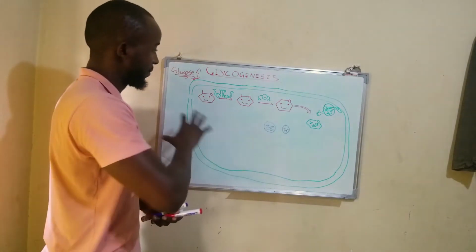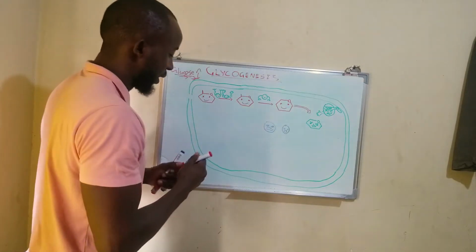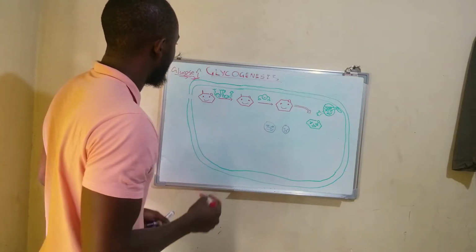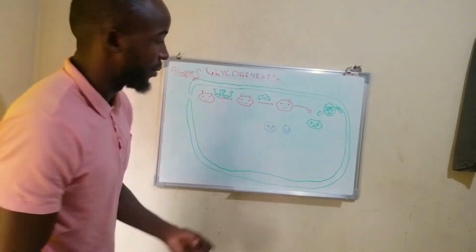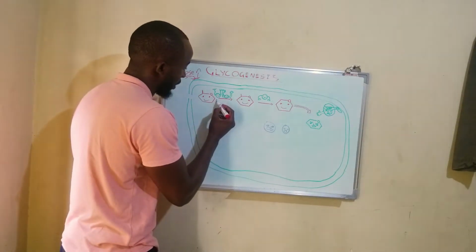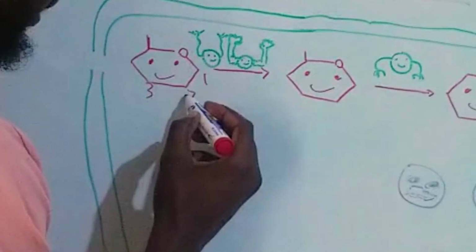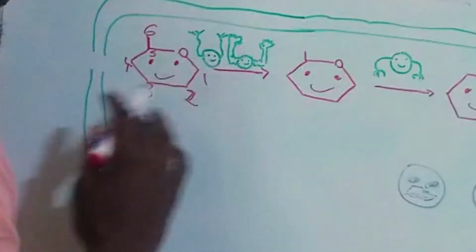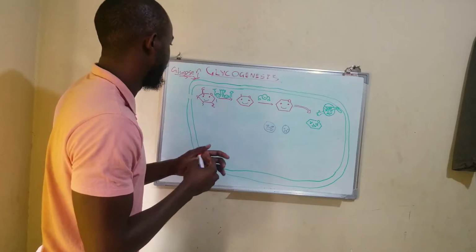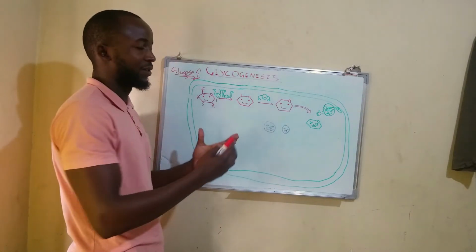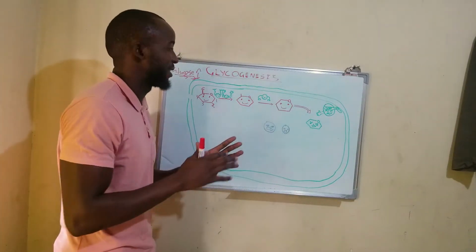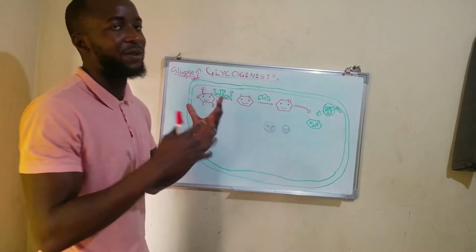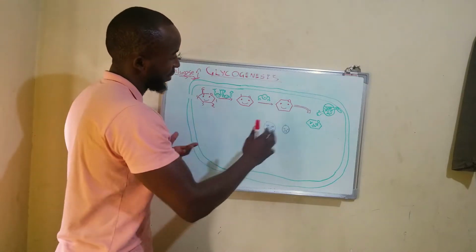This is glucose, and it has 6 carbons: carbon number 1, 2, 3, 4, 5, and 6. You're seeing a lot of cartoons, it's probably confusing at this point, but I want it to make sense for you as we go on further in the lecture.